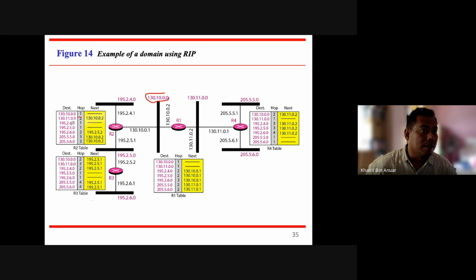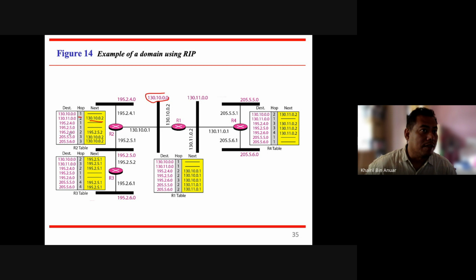And then 130.11.0.0, so it will have to go through this R1, and you have to pass through this network IP address. The gateway basically is 130.10.0.2. So the next hop will be this interface on the inbound of your router 1, to get to this network.